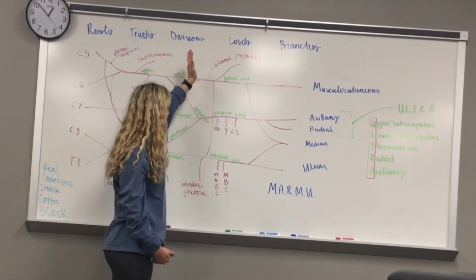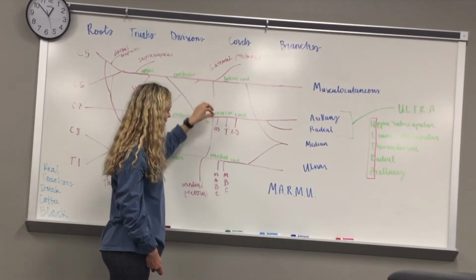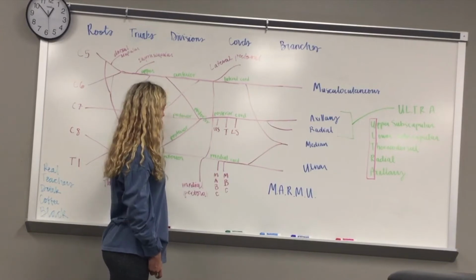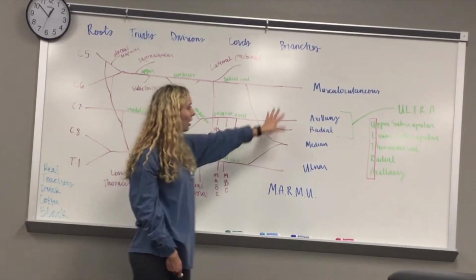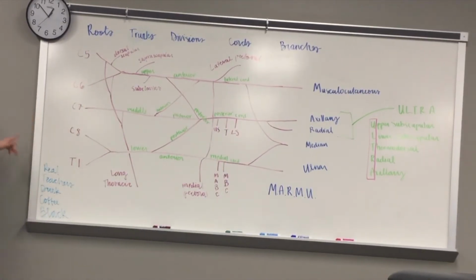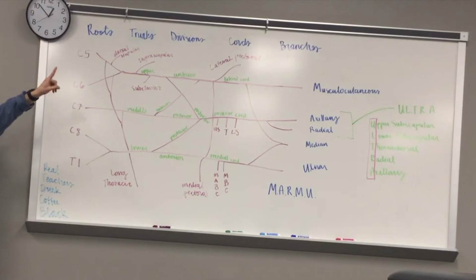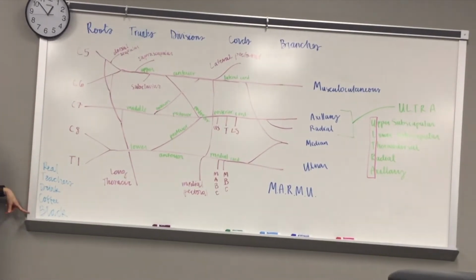As we continue through the cords, we have a lateral cord, a posterior cord, which came from our divisions here, and our medial cord. And we have our branches right there. A good way to remember the roots, trunks, divisions, cords, and branches is: real teachers drink coffee black.